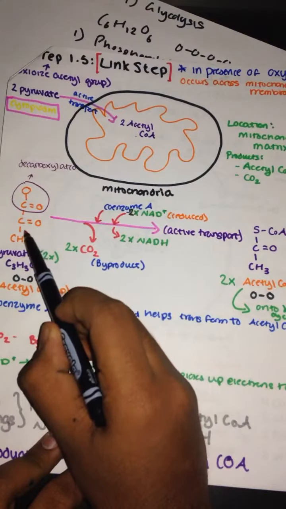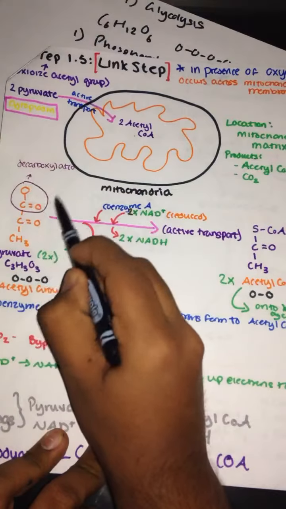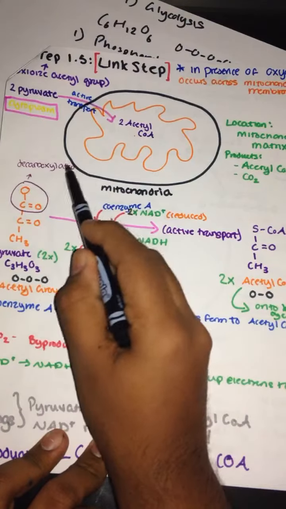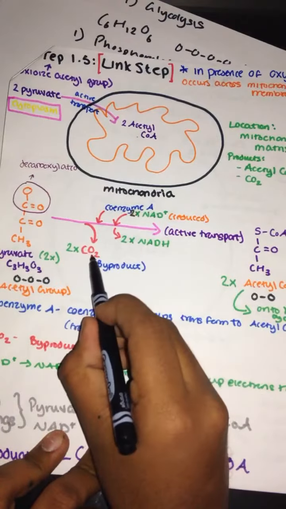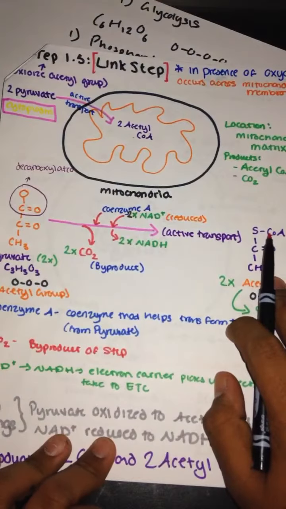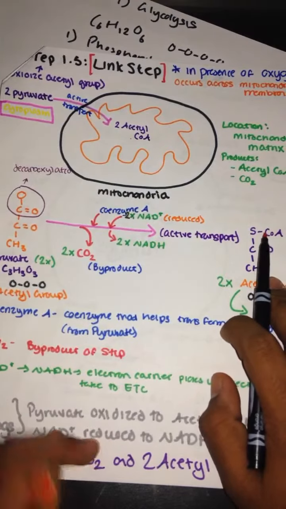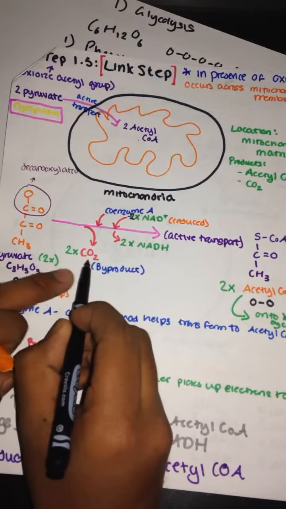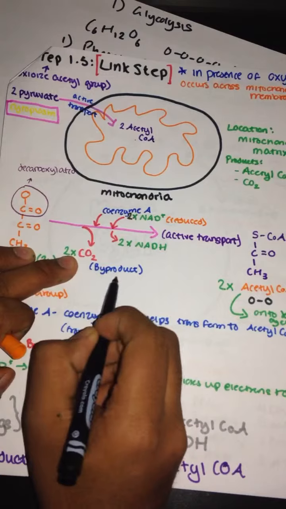This is the pyruvate. What's happening is that this carboxyl group in the pyruvate is decarboxylated, so it leaves in the form of CO2 when it's going through active transport to enter the mitochondria. There are 2 pyruvates, so it's going through twice, and you have 2 CO2 released as a byproduct.